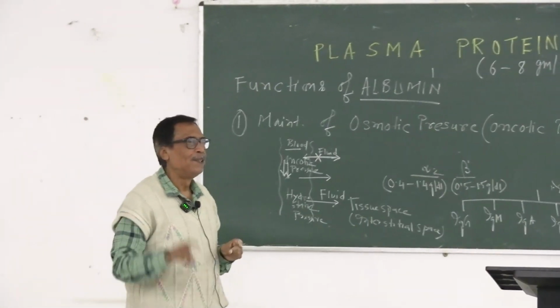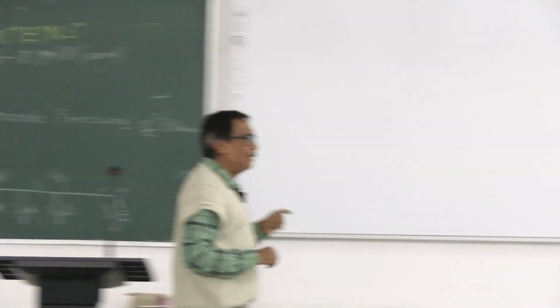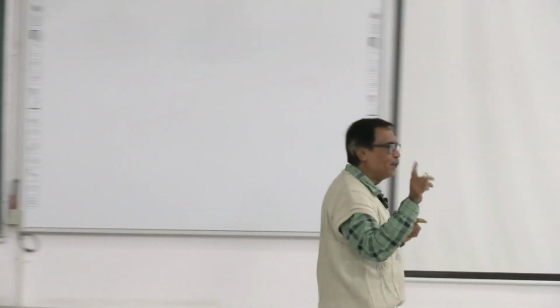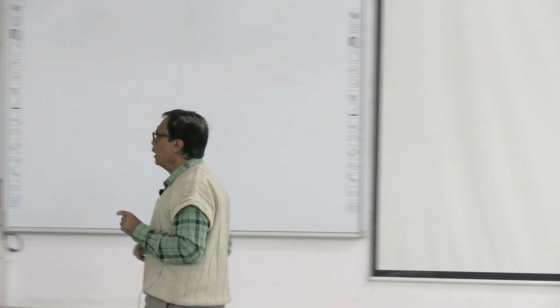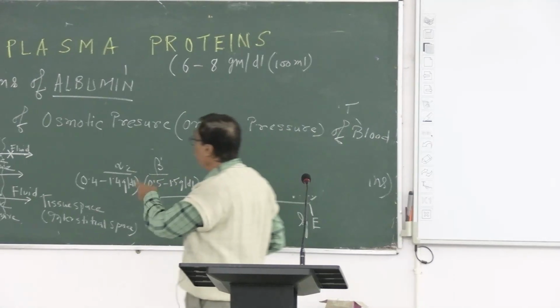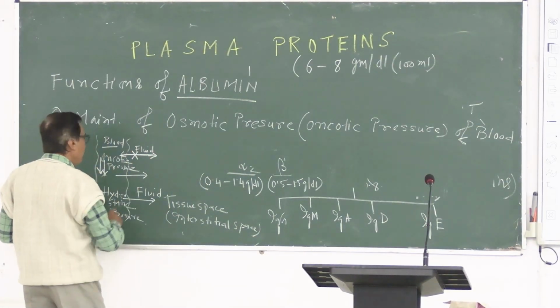Albumin contributes 75 to 80% of the oncotic pressure, that is the osmotic pressure exerted by albumin and protein. So when albumin is lowered down, there will be edema.